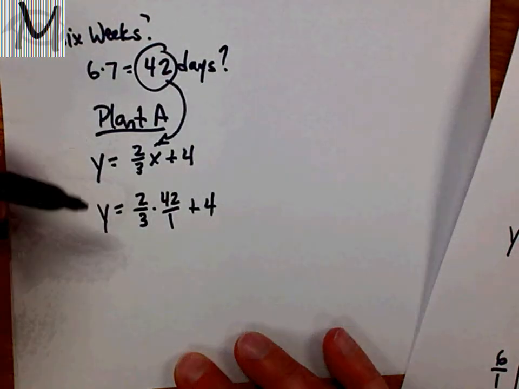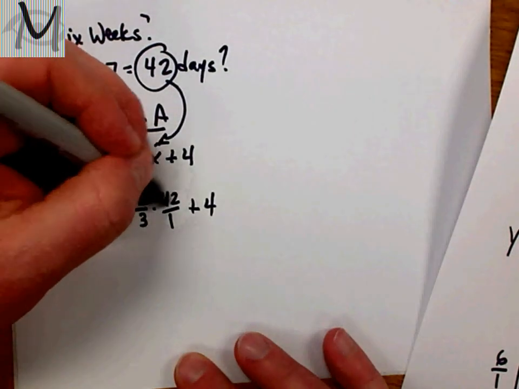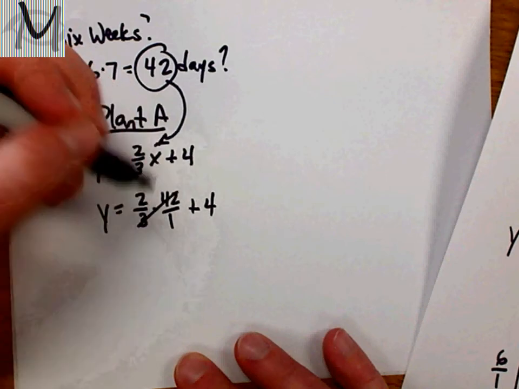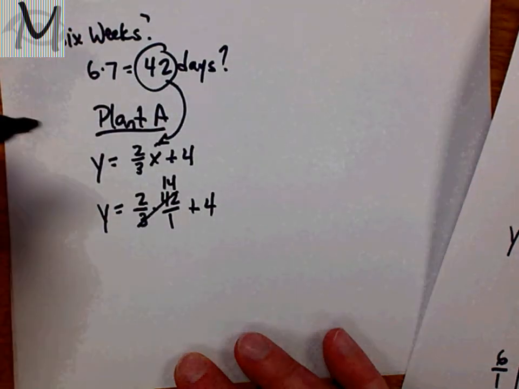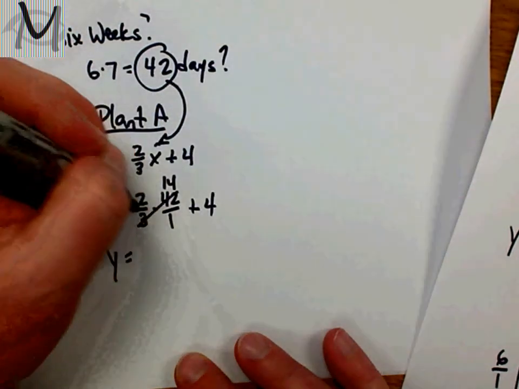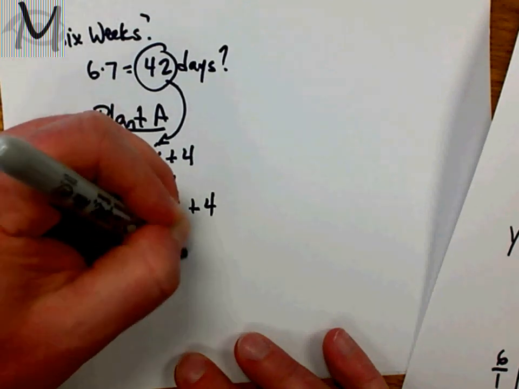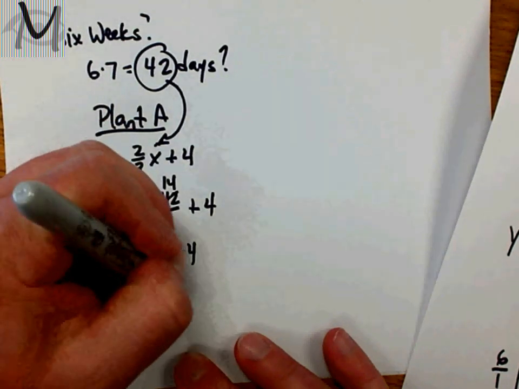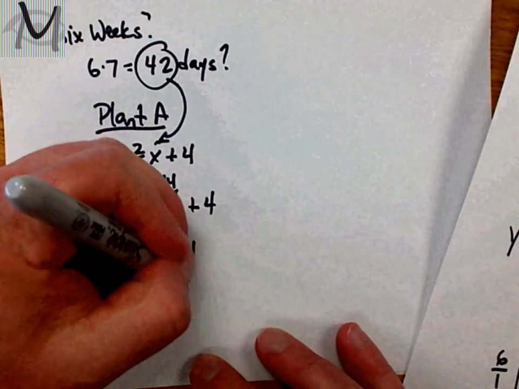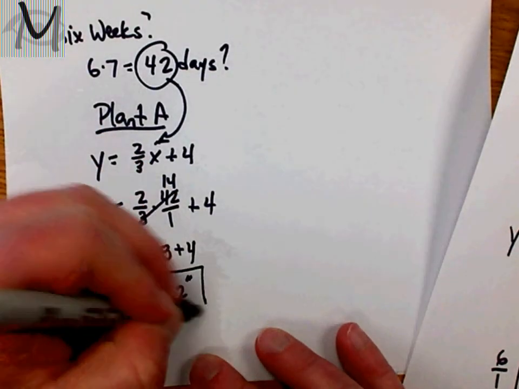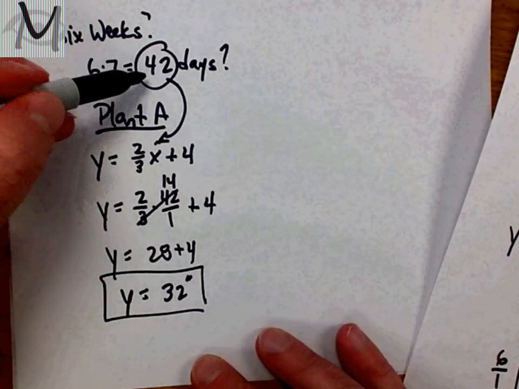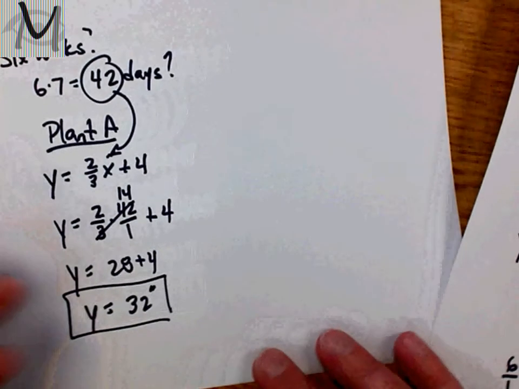So 3 goes into 42 14 times. So y equals 2 times 14 is 28 plus 4. Plant A will be 32 inches tall after 42 days.